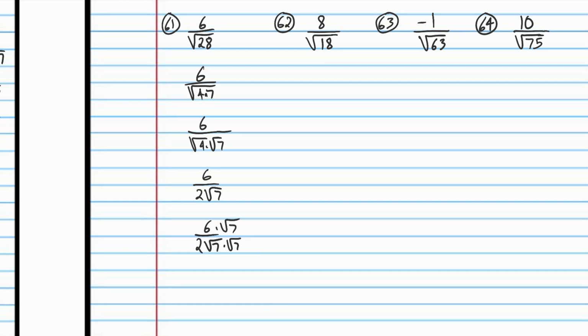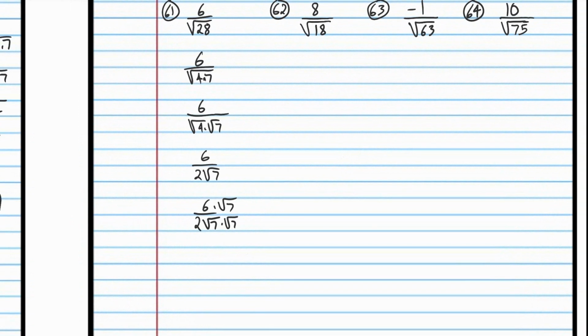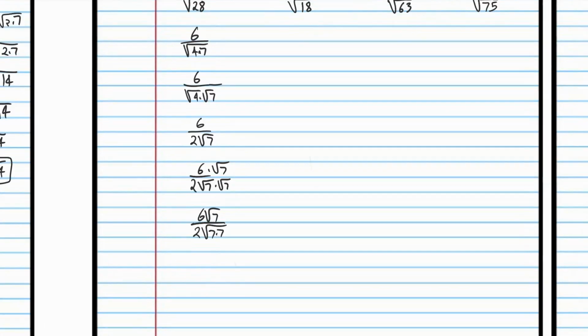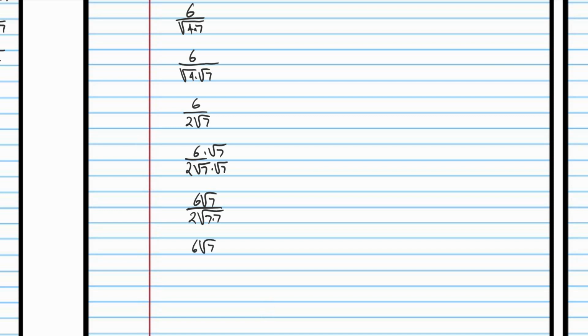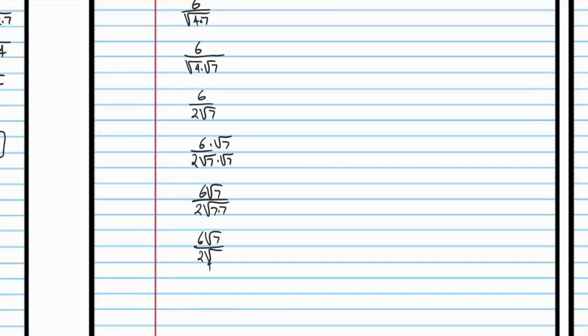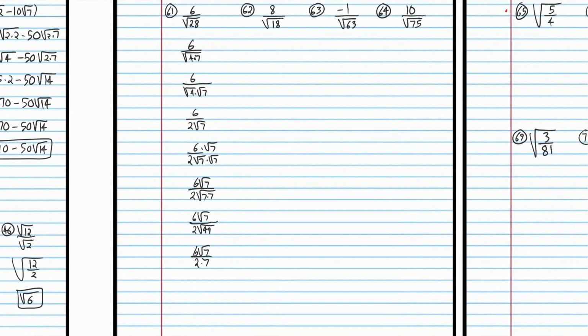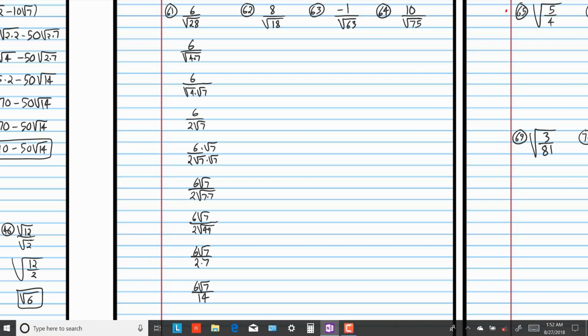We have root 7, so we must multiply both sides by root 7. So now we rationalize the denominator.